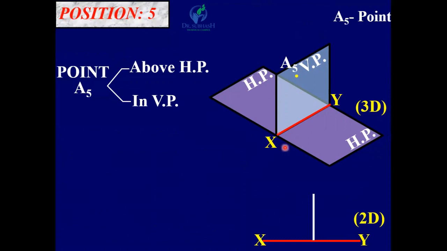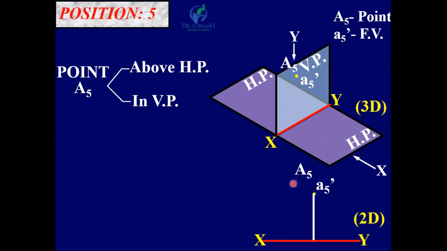So therefore, looking from this direction, its front view A5 dash is above XY line. Okay, so here you can see this is the original point and A5 dash. So here A5 and A5 dash both coincide and are the same point.